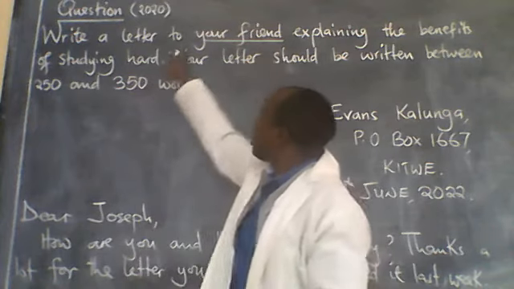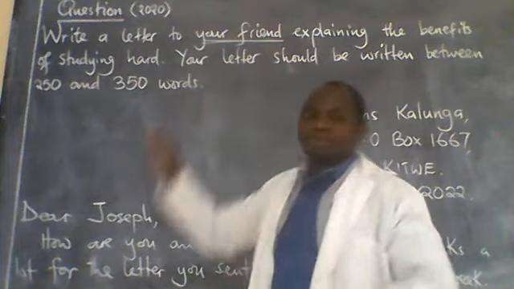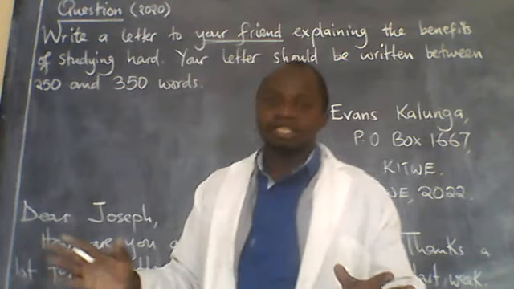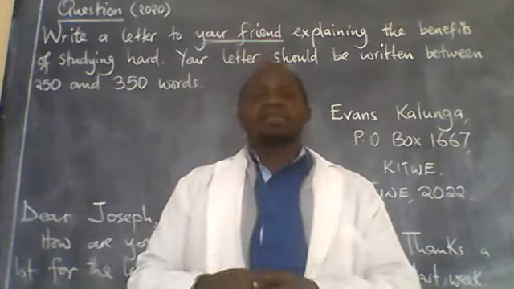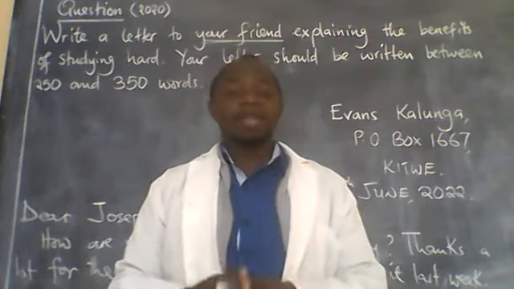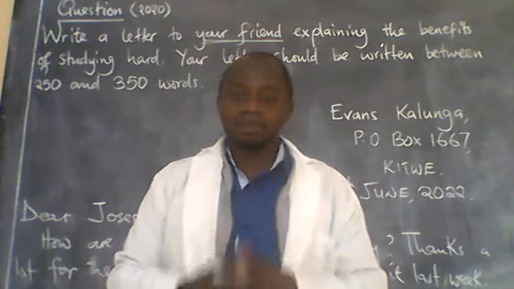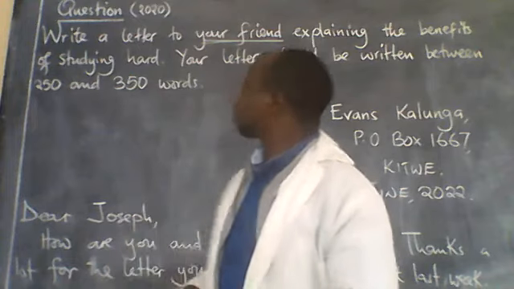You are writing a letter to your friend. Therefore, normal English, normal communication between you and your friend can be used. Bear in mind that it should be acceptable English.